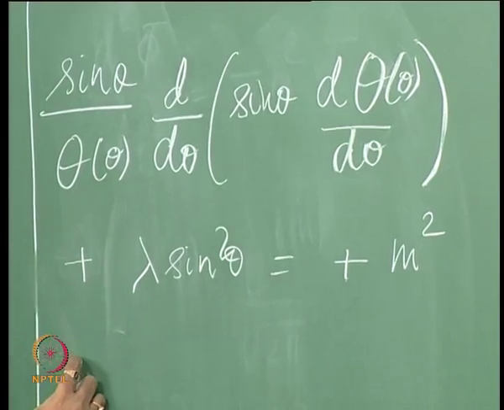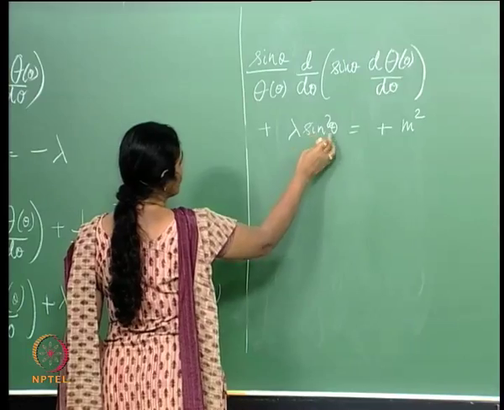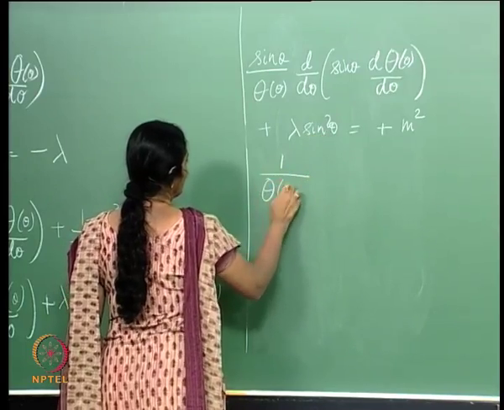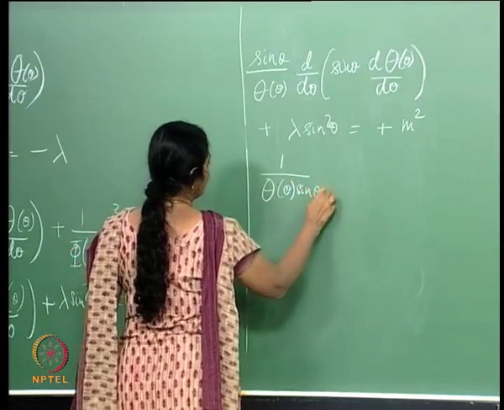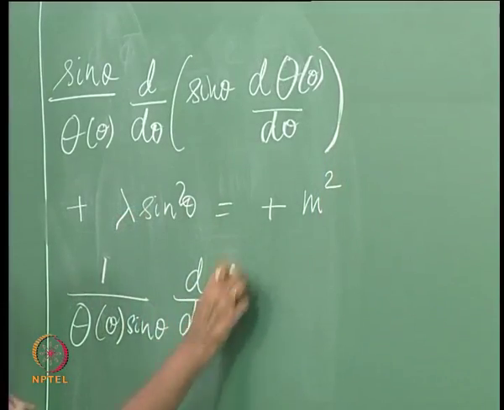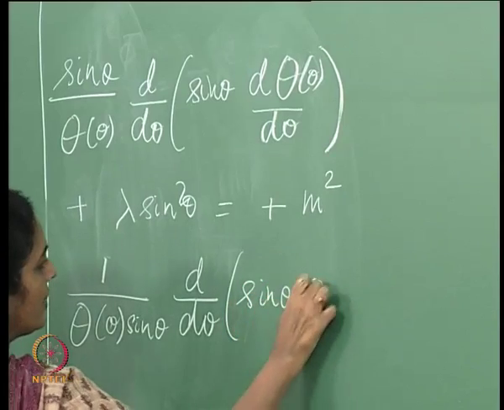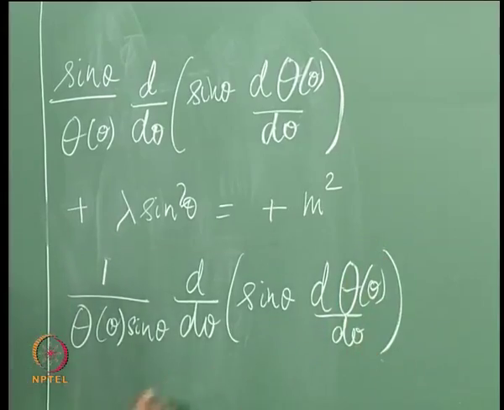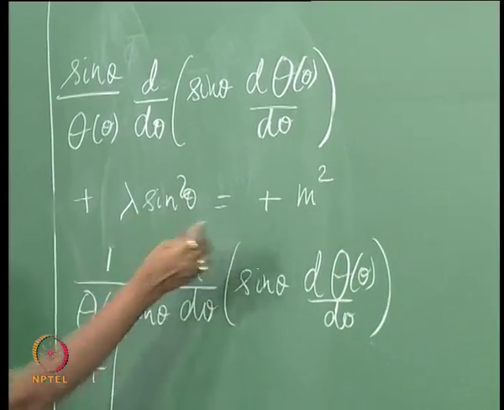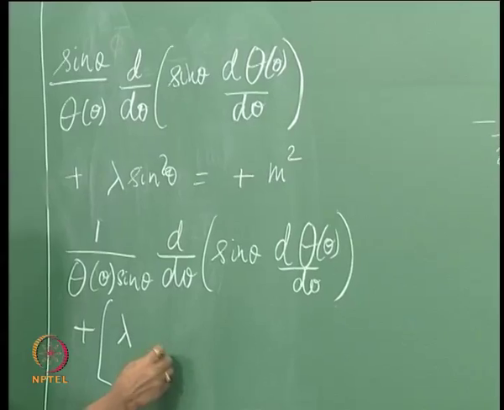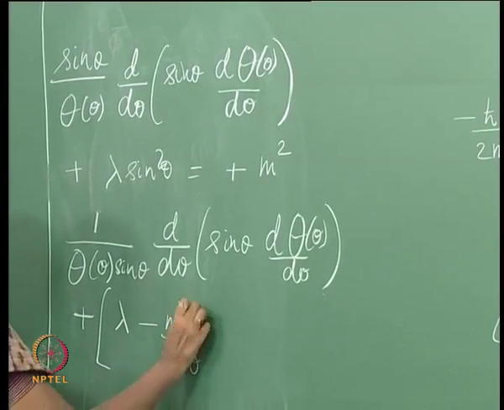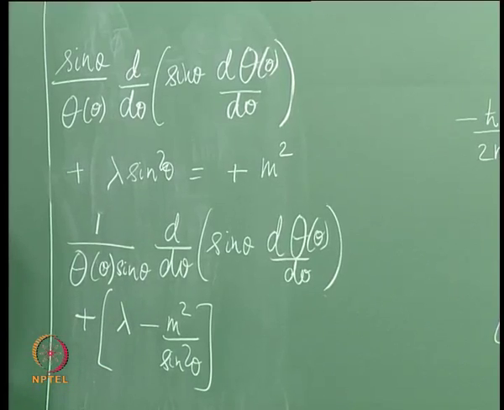Divide by sine squared theta first. So I have 1 by theta of theta sine theta, d by d theta of sine theta d theta by d theta, that is the first term, plus, and bring everything to the left hand side, lambda minus m squared by sine squared theta equals 0.